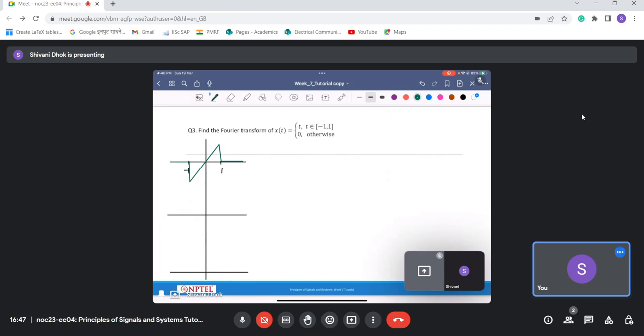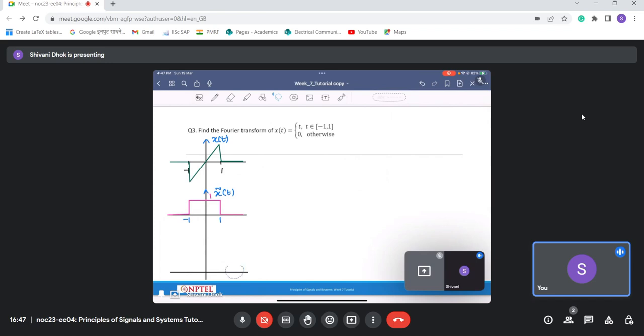Now suppose I take a signal that we had considered in the previous question, which had magnitude 1, and let's say this is my x̃(t), this is also 0 outside minus 1 to 1.